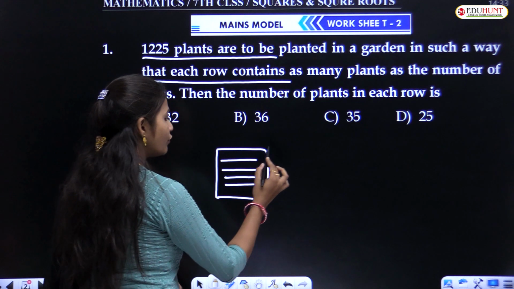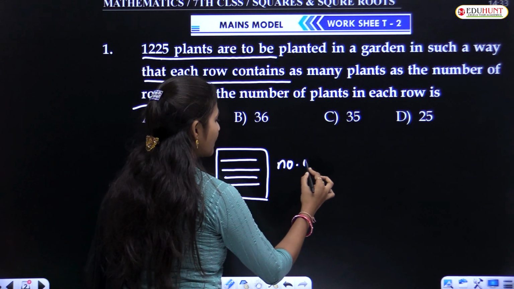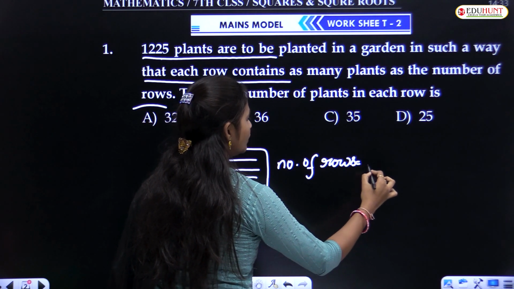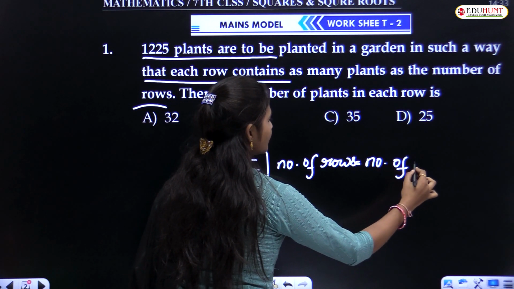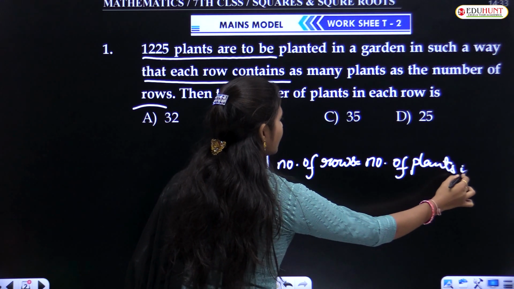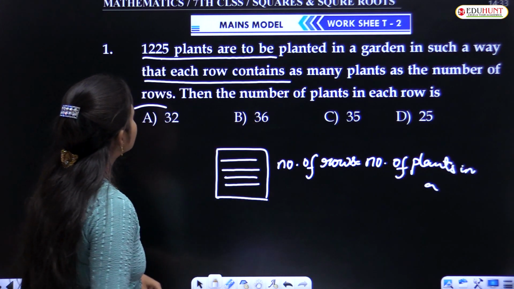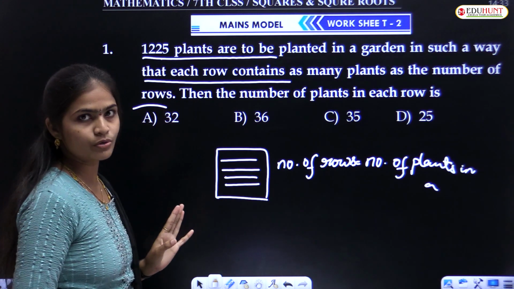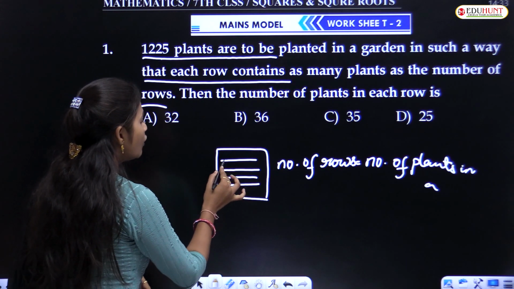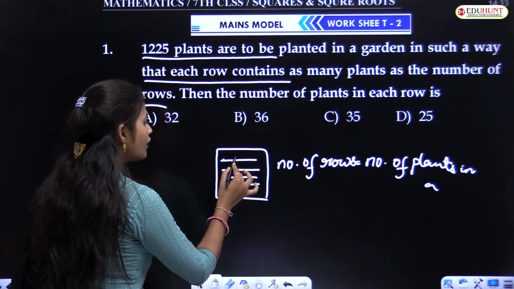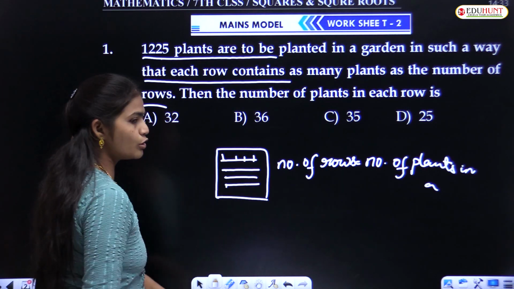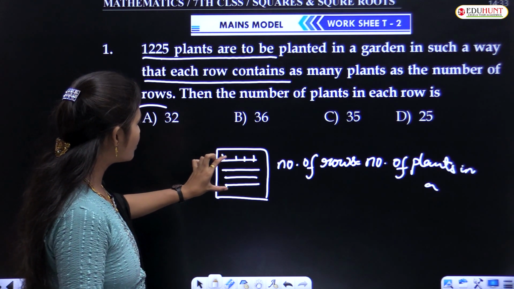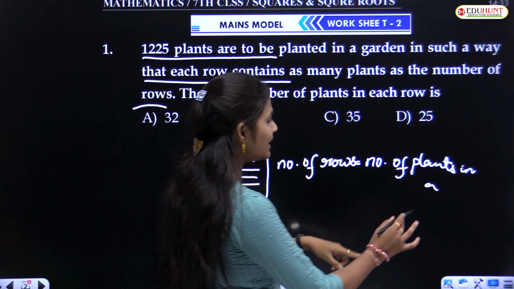So the number of rows is equal to the number of plants in a row, they are saying. For example, if there are 4 rows, then 4 plants are there in each row. That is the meaning of that question. So the number of rows is equal to the number of plants in a row.